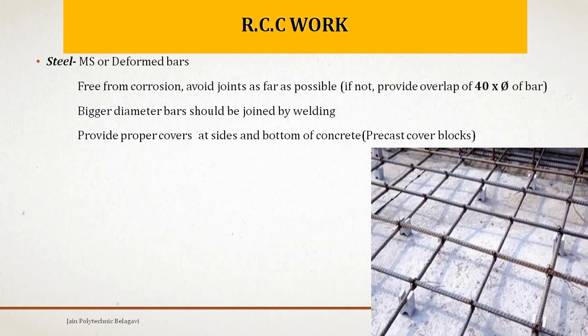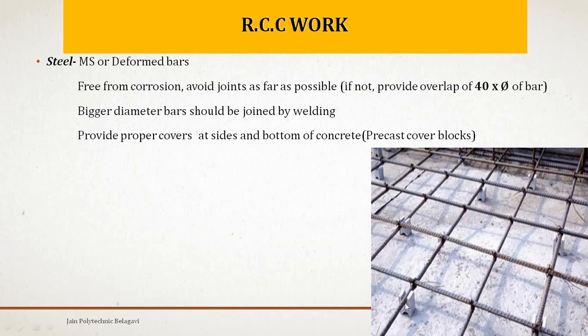While concreting, steel bars should be given proper side and bottom covers of concrete by placing precast cover blocks. In the image you can observe precast blocks placed at the bottom of the reinforcement.